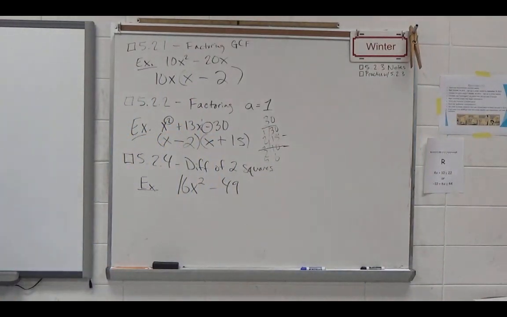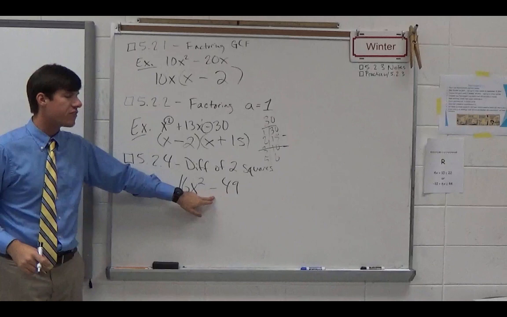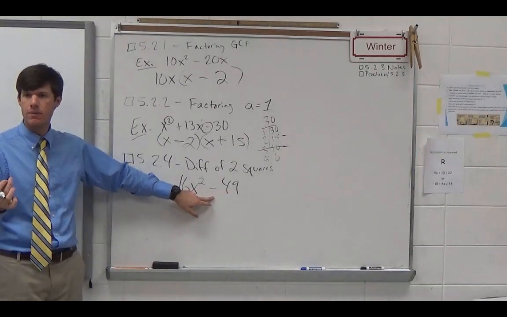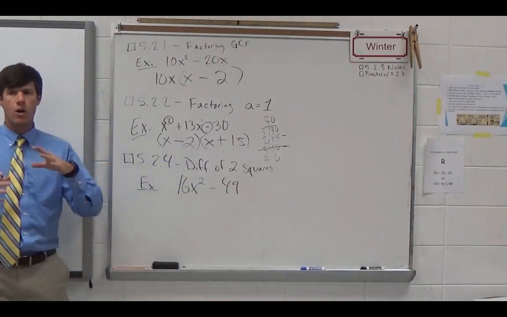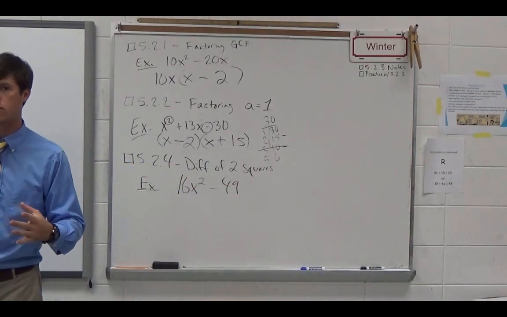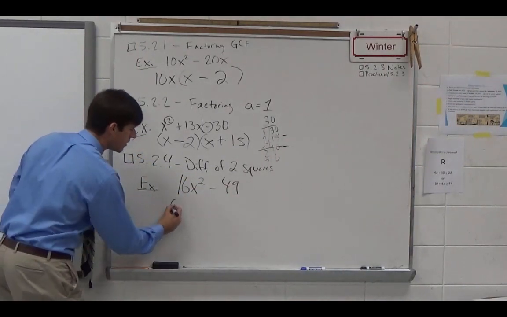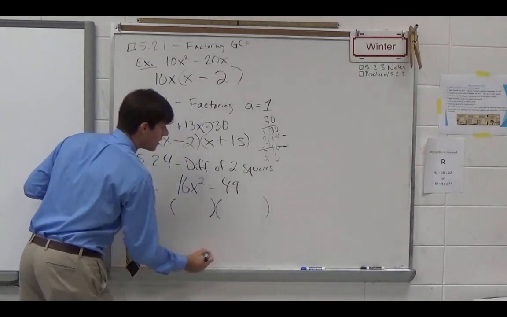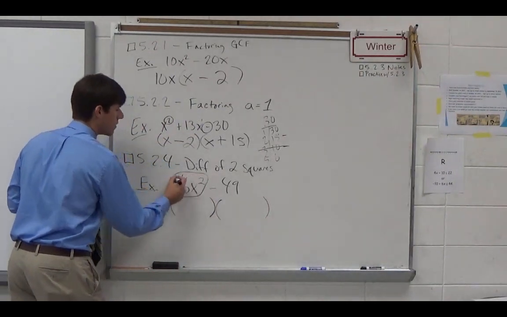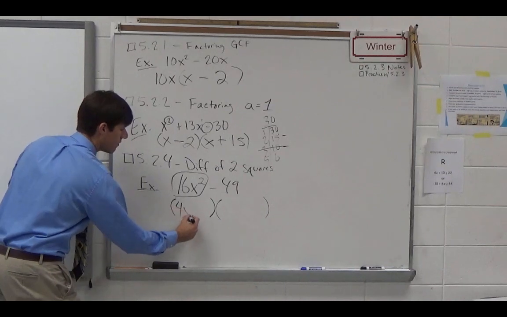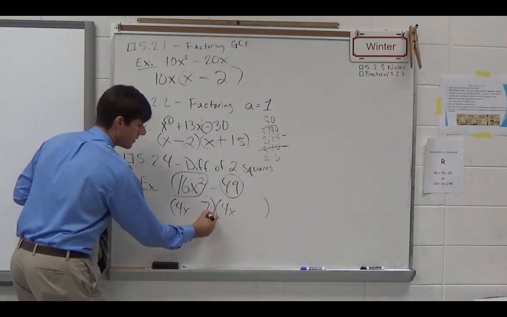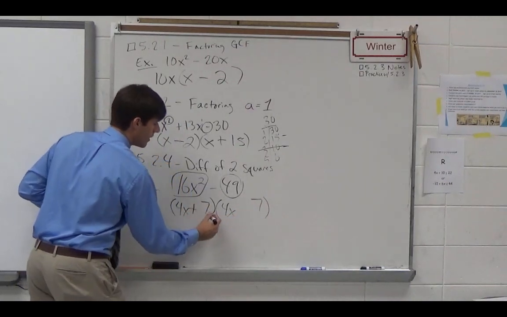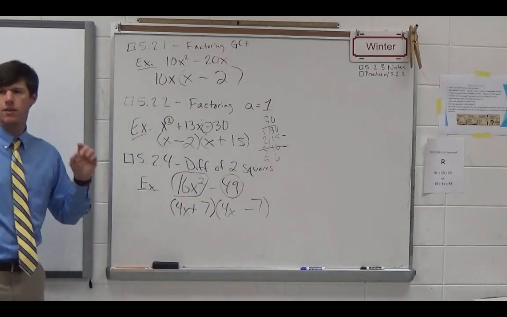It only works when we have a difference, minus in the middle, and both of these numbers are perfect squares. It means I can draw 2 parentheses, and I can say, what's the square root of this guy? 4x. What's the square root of this guy? 7. And then flip my signs. And I'm done.